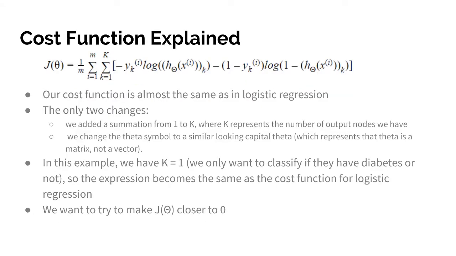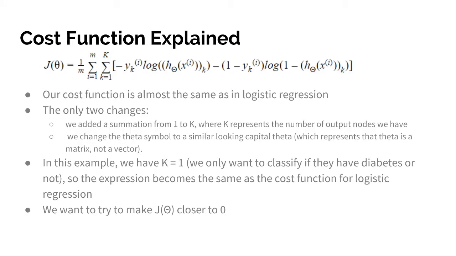And so, as I said, we're changing basically two things. We added a summation from 1 to k, where k represents the number of output nodes we have. And so as you can see, all we're doing is basically summing over the cost in k as well. Which means that we get the cost from each of the output nodes and just add them together.